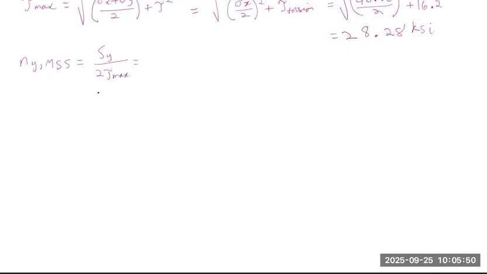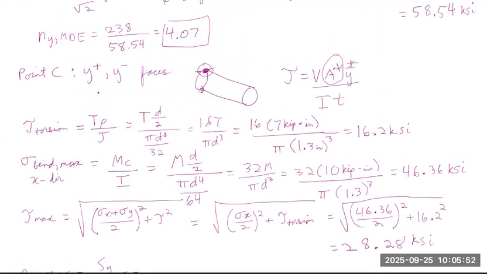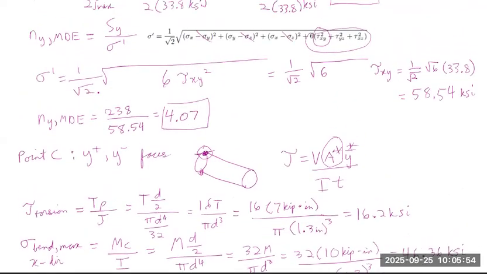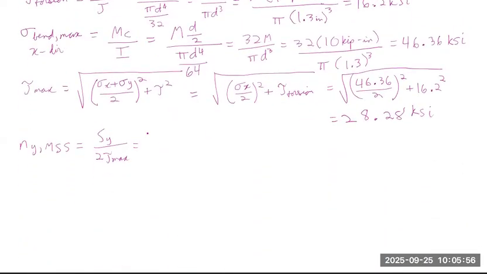What is our SY again? 238 over 2 times 28.28, which is just equal to 4.21.